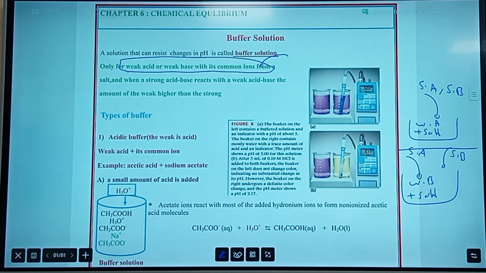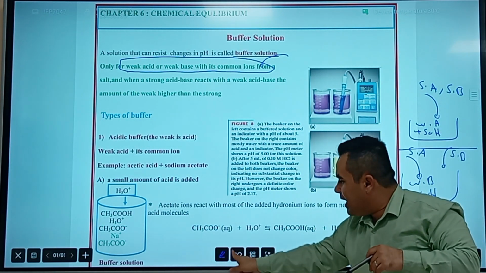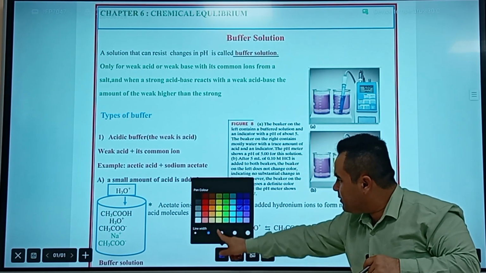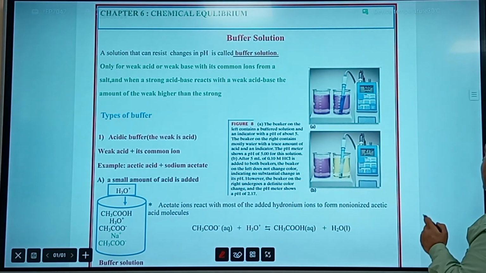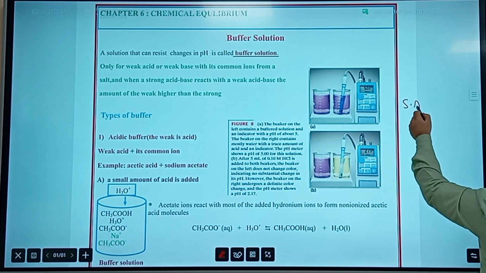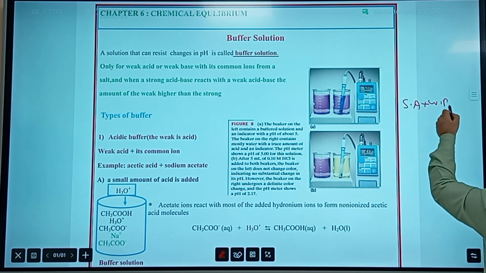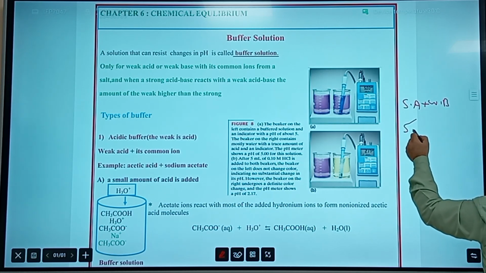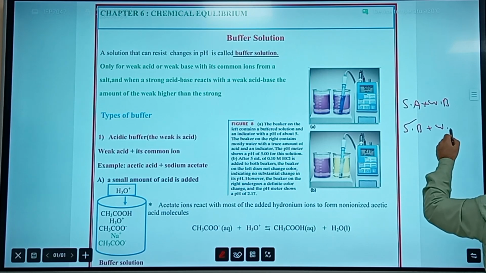This is the first type of buffer: a weak acid or a weak base with the common ion, when we add a strong acid or a strong base to the solution. The second type, guys, is what? It is a combination of strong acid with the weak base, or strong base with the weak acid.